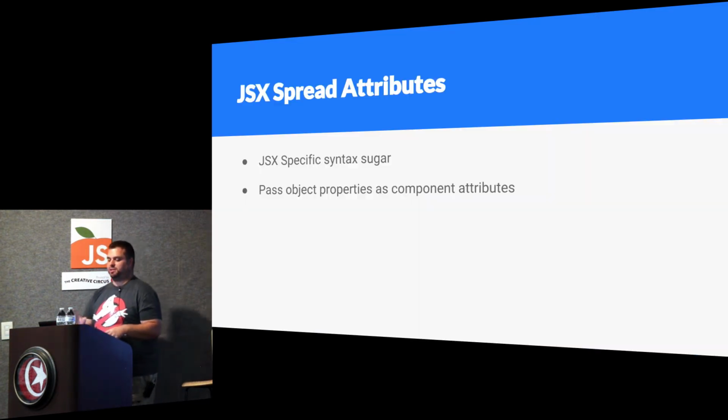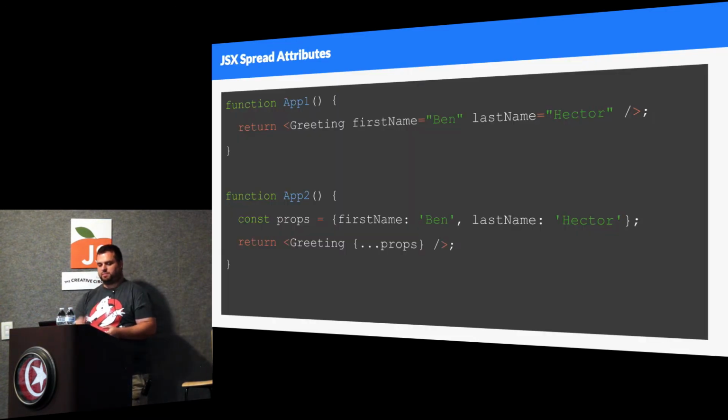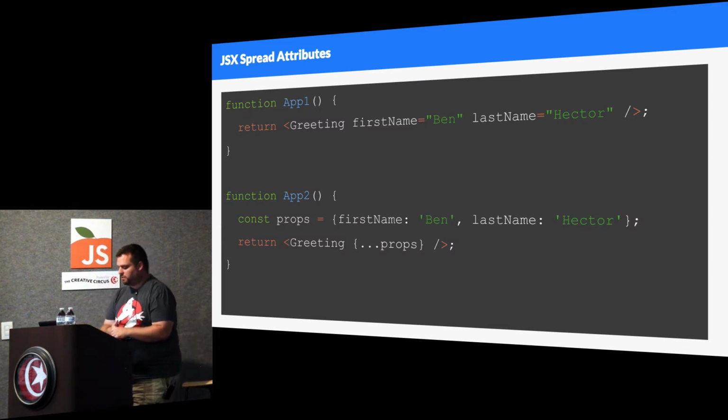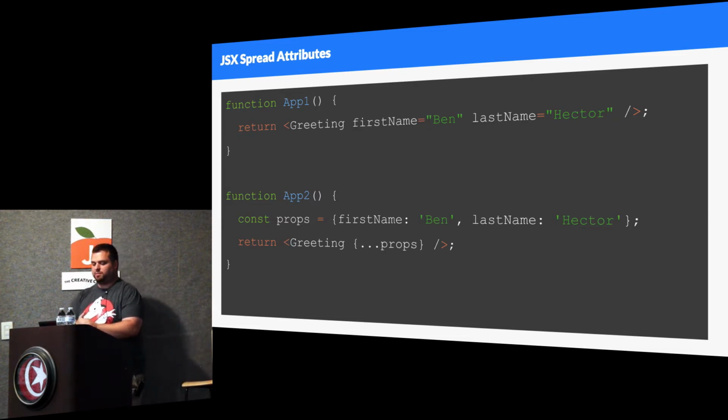Okay, so let's talk about JSX spread attributes. This is one you'll see a lot. This is JSX specific, so if you're looking for it on a JavaScript website, it looks like something else you'll see, but it's not exactly. What it lets us do is pass object properties as component attributes. In the first function here with greeting, you see us passing first name and last name as absolute specific props, so you know it's always going to be first name, it's always going to be last name.